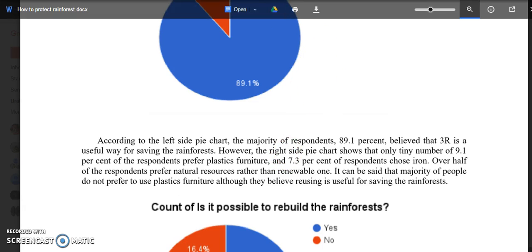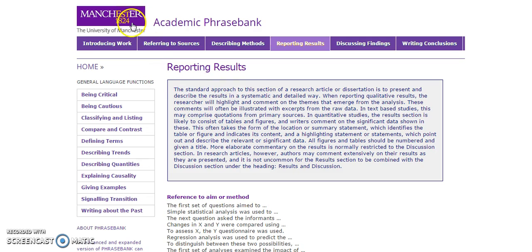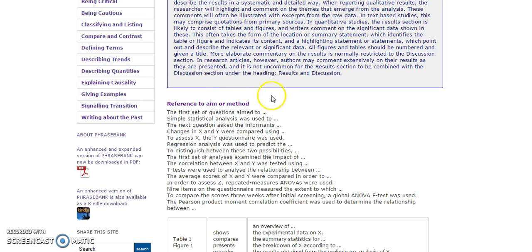And I would like to bring you to this particular website. Now this website is by Manchester 1824. It's from the University of Manchester, and they have an academic writing section. And this particular web page talks about the language that you need to use when you're reporting your data analysis.